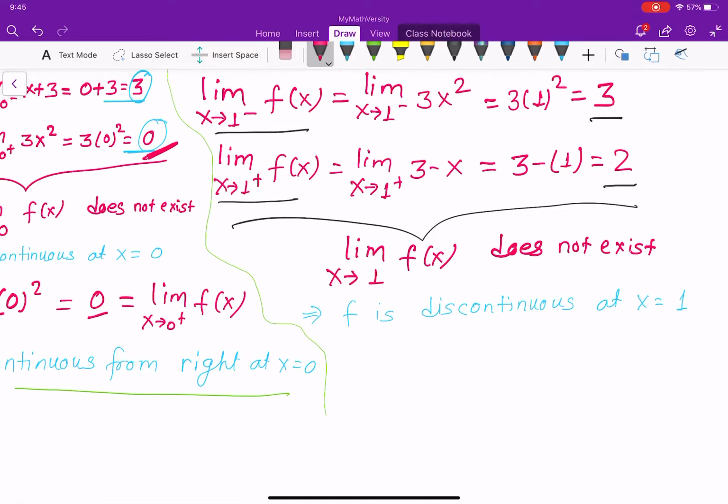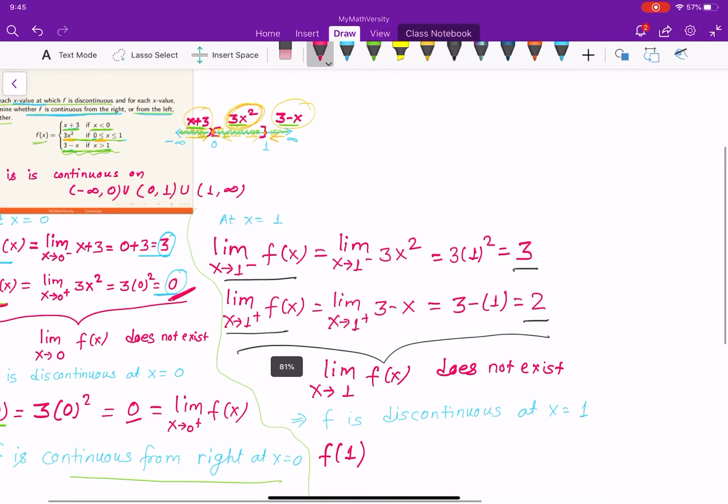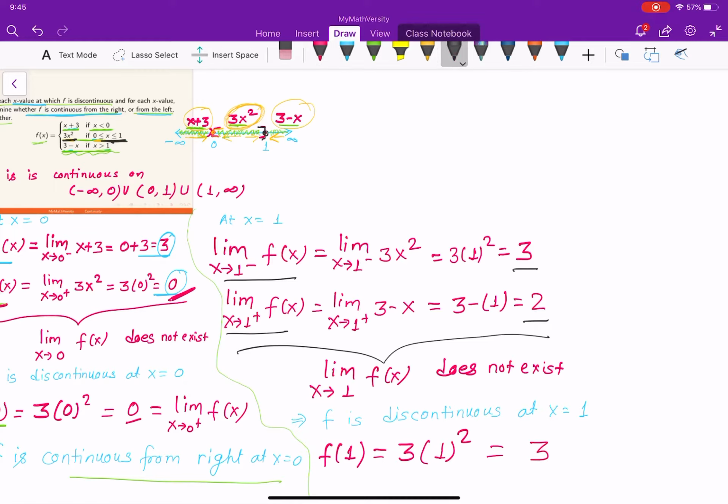To do that, let me check the value of the function at 1, and let me go back to the problem. At 1, because of this bracket, the function is defined by the rule 3x square, right? So let's use that rule to find the value of the function at 1, which is 3. And this is exactly equal to which limit over here?